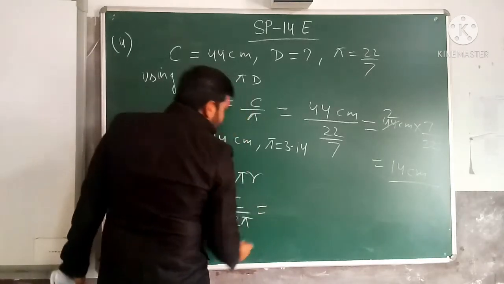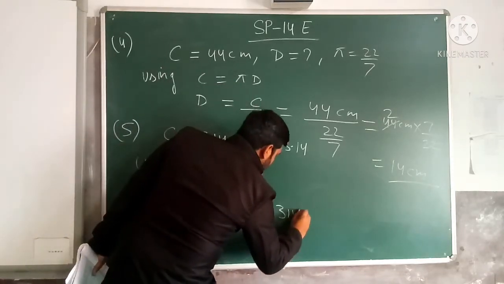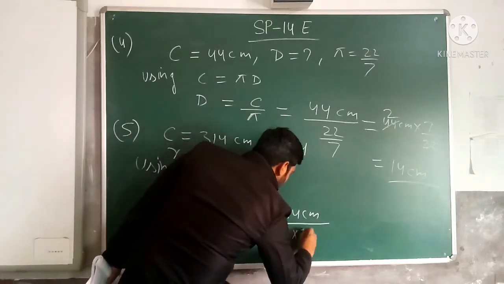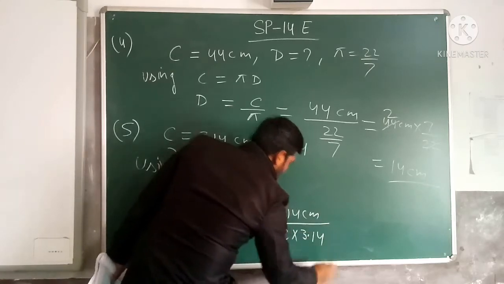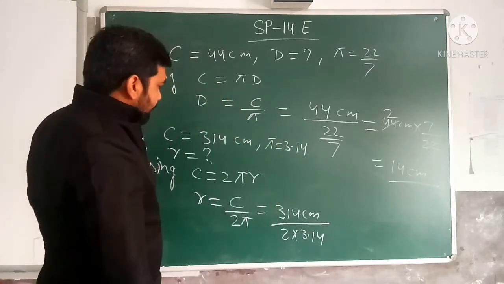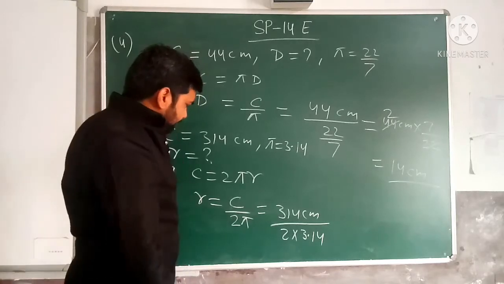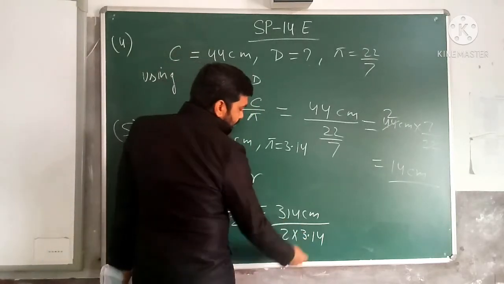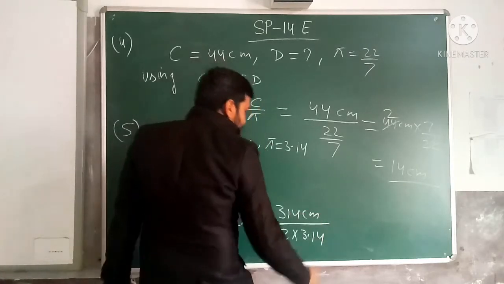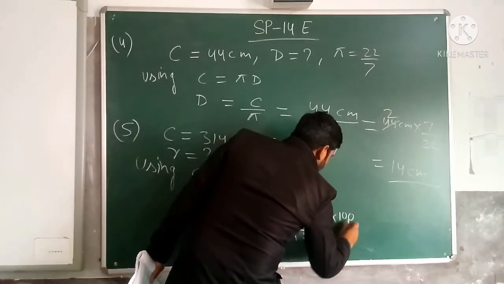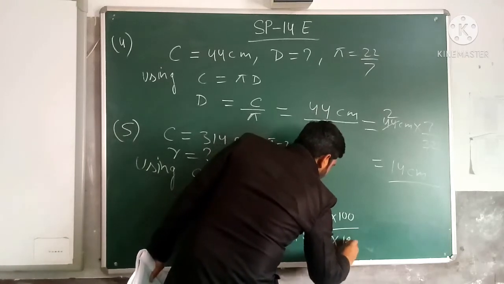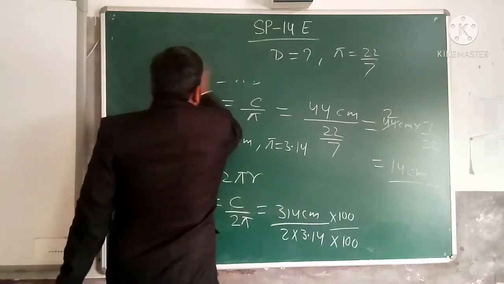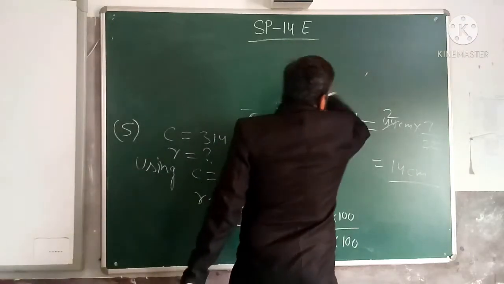So now put in the values. Circumference we have 314 centimeter divided by 2 into the pi value, which is 3.14. Okay. Now I want to remove the decimal from here, so I have to multiply by 100. I will multiply both the numerator and denominator by 100. So in the next step, the decimal from the denominator will be removed.